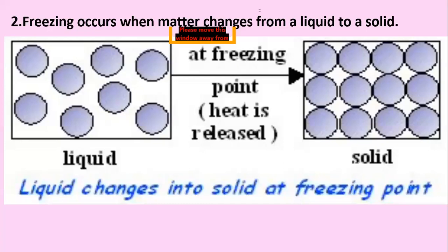And so they start moving slowly and get closer together. And then the liquid becomes a solid. The temperature at which the liquid changes into a solid is called the freezing point. What an important take home here is that freezing is a change of state that involves heat loss.